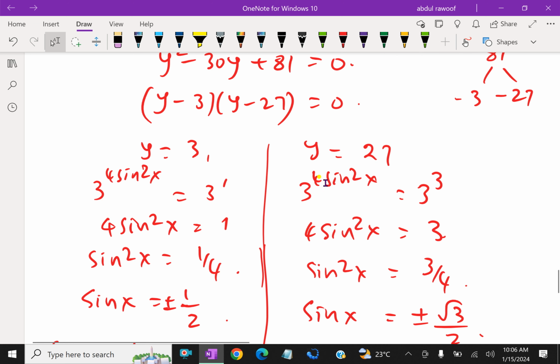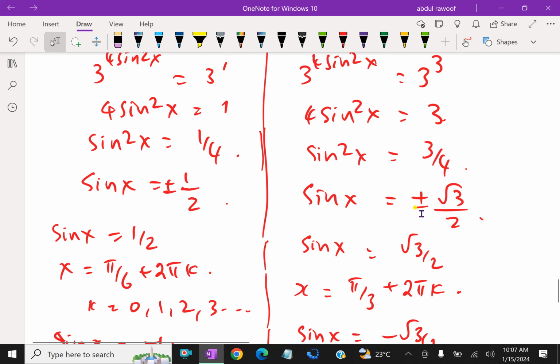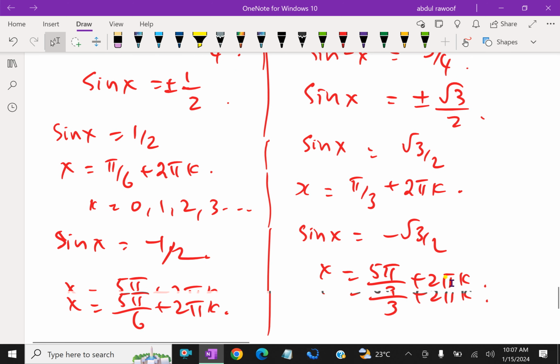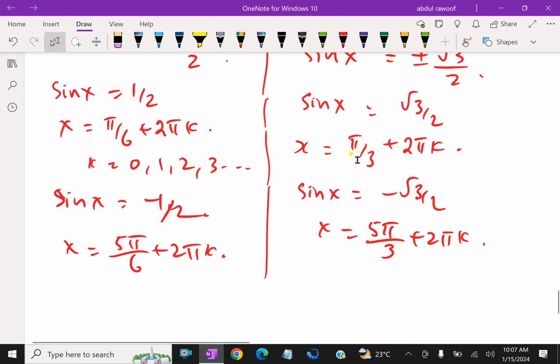Bases are the same, so equating the index, 4 sine squared x equal to 3. From that we got sin x equal plus or minus root 3 by 2. By using positive and negative values, we got x equal pi by 3 plus 2 pi k, and if sin x is negative root 3 by 2, x equal to 5 pi by 3 plus 2 pi k.